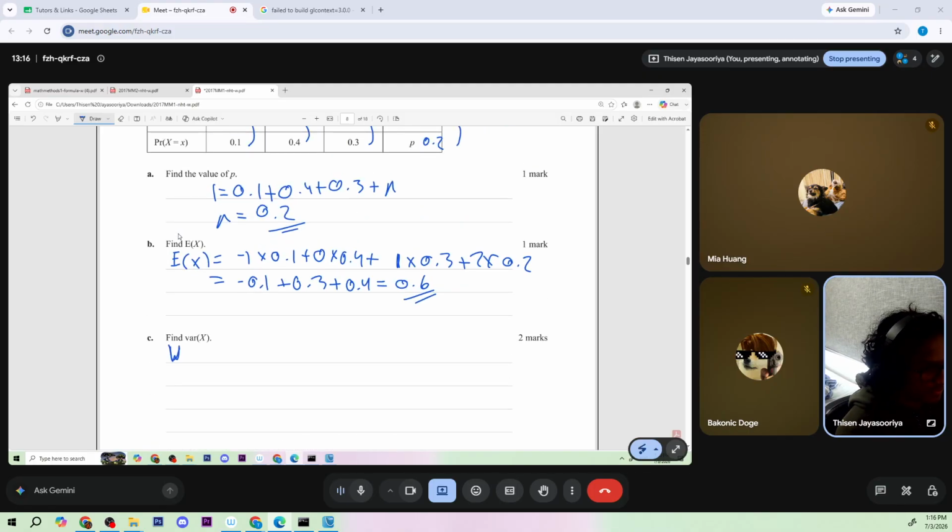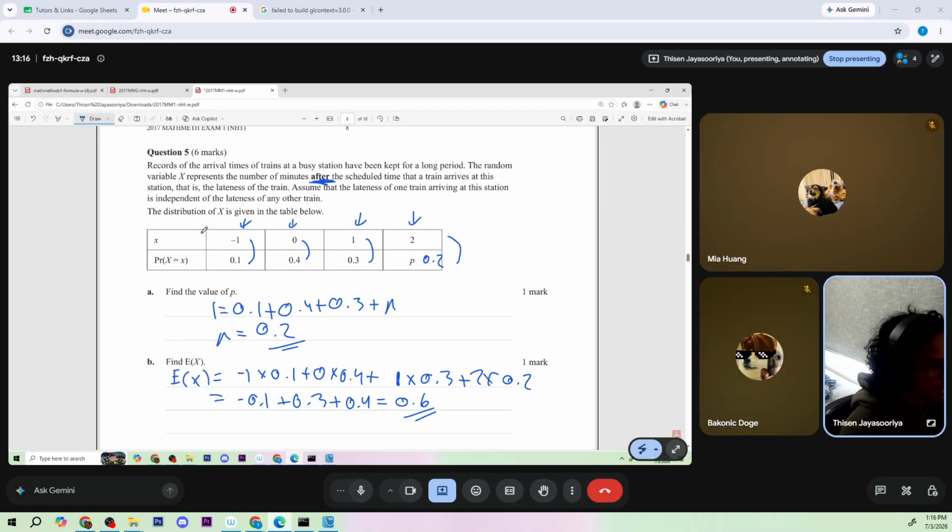And here it wants me to find the variance. So the variance of x is just equal to E of x squared, take away E of x all squared. Here, if I square this, I get 1, 0, 1, and 4. That's what x squared is going to be.